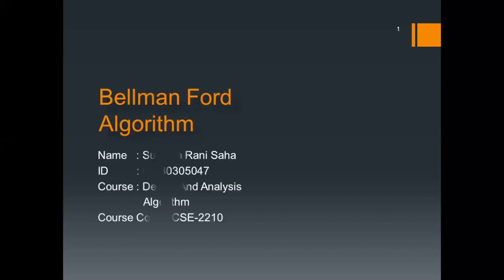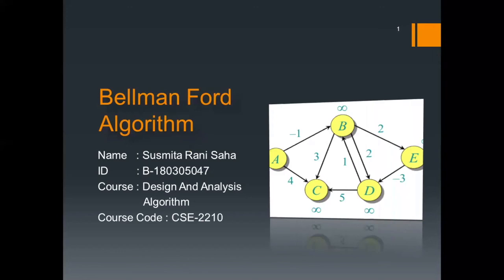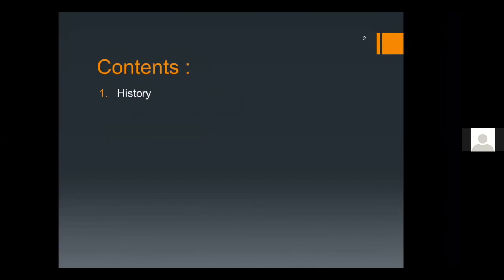Now I'm going to discuss the Bellman-Ford algorithm, which is included in the design and analysis of algorithms course. So let's see which topics will be discussed in my presentation. First of all, we can see the history of this algorithm, then the definition and then the purpose of this algorithm.